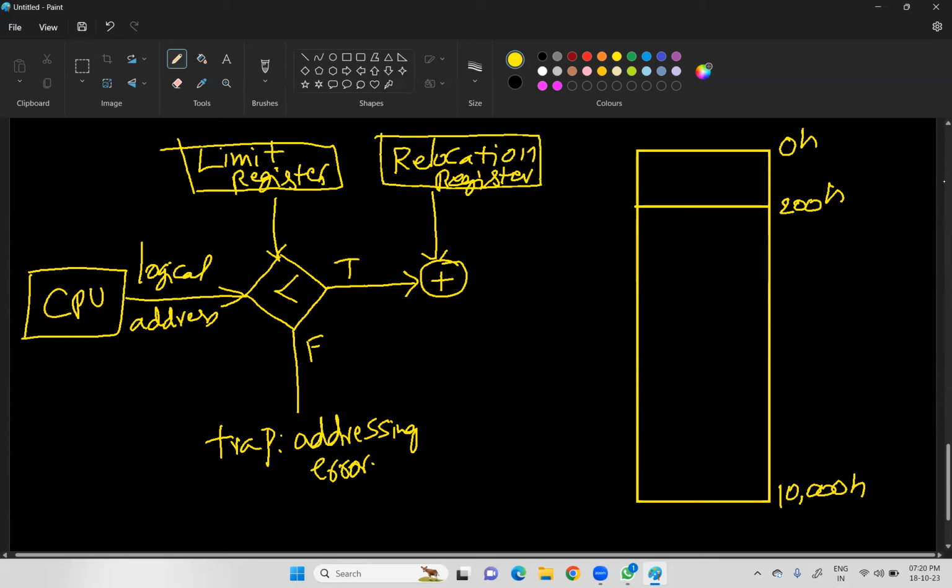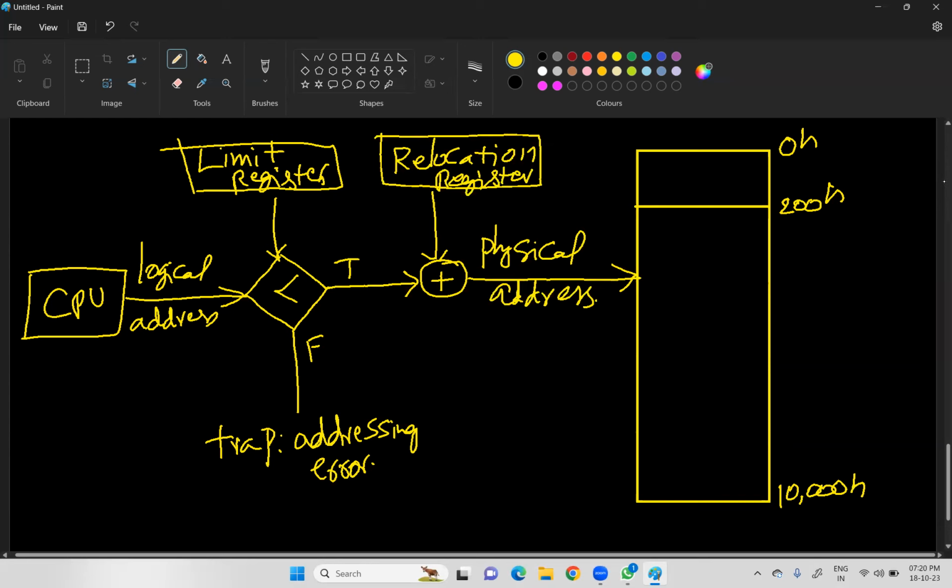After adding the relocation register value, it will identify the physical address. This is the memory protection for contiguous memory.